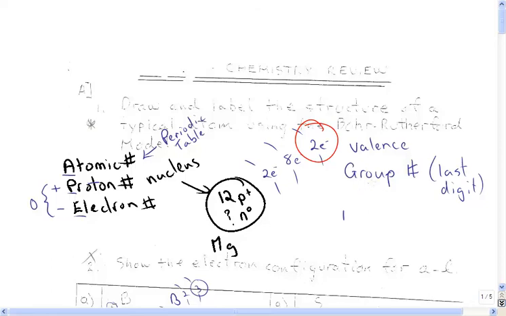But then these valence electrons have to obey what we call the rule of 8, or the Octet Rule, depending on who's describing it. The Octet Rule.